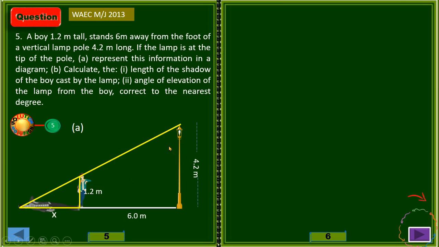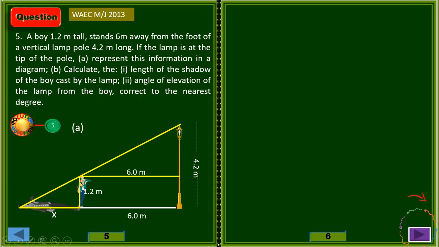That's the light from the lamp causing the shadow of the boy to fall on the ground to the left side, and the distance of that shadow from the boy is x, while the boy is standing 6 meters from the pole. Remember, the height of the boy is 1.2 meters and the height of the lamp pole is 4.2 meters. Now we're going to add some diagram construction to be able to solve this.